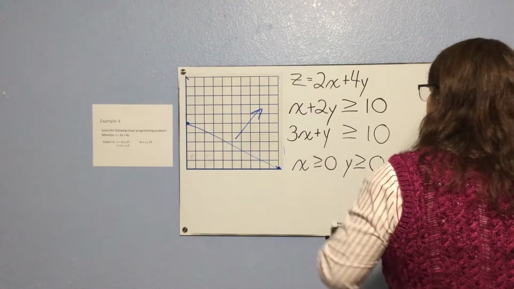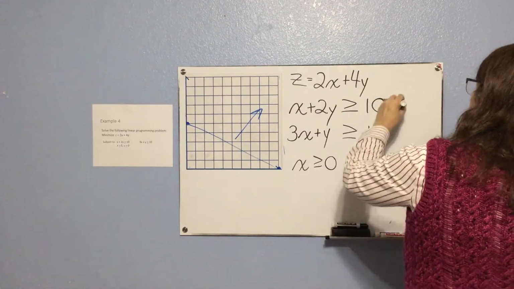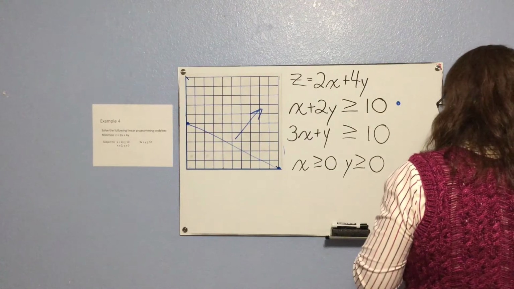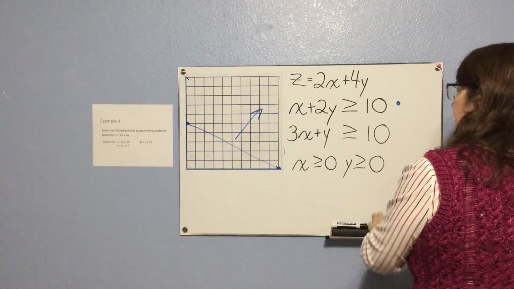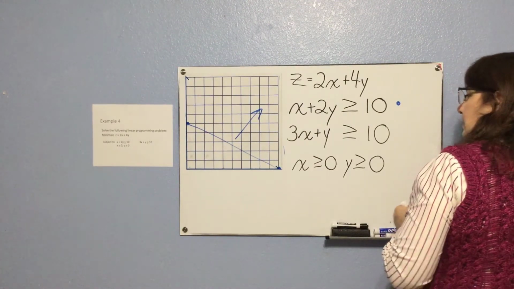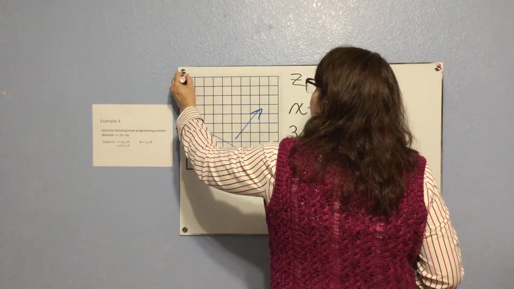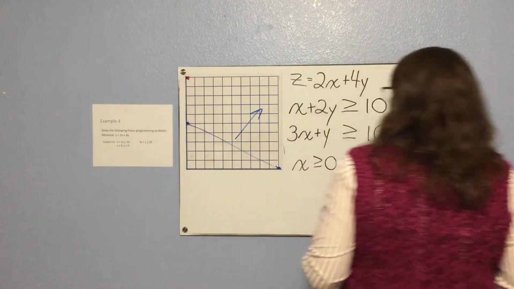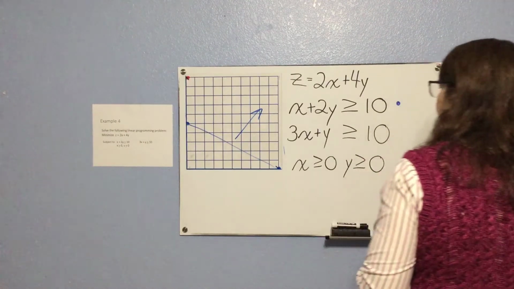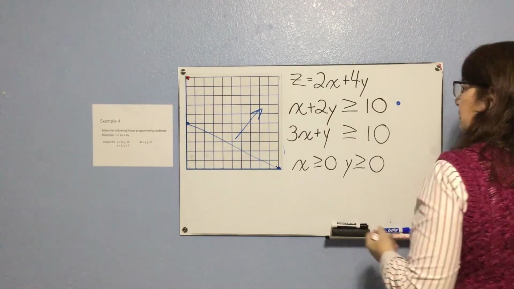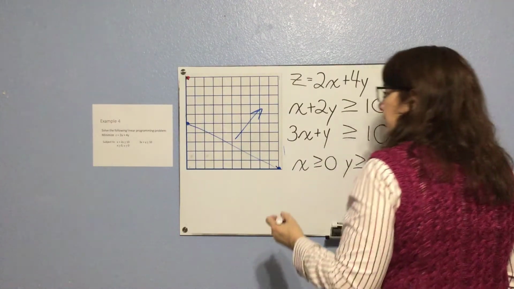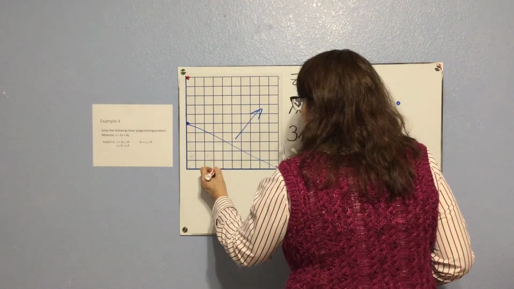Now let's look at 3x plus y. Again, if I let x be 0, this time y would be 10. And if I let y be 0, x would be 3 1/3, about here.